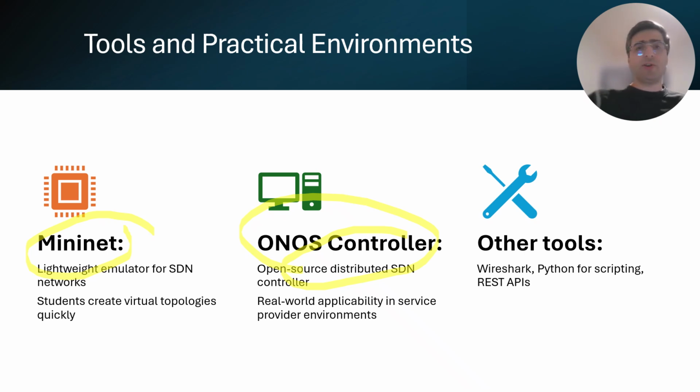The students use ONOS to deploy policies, route traffic, and interact with switches using APIs. We also explore scripting with Python using REST APIs for automation and Wireshark for traffic analysis. This practical exposure equips students with real-world skills and confidence in programmable networking.